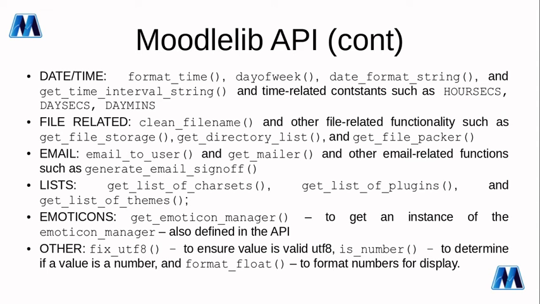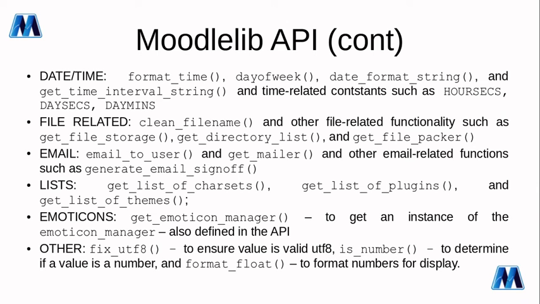File related functionality such as get_file_storage, clean_filename, get_file_packer. We'll touch on these again in this course when we look at files and uploading and managing files. Email functionality to send emails to users or get the mailer and generate such things as sign-offs.